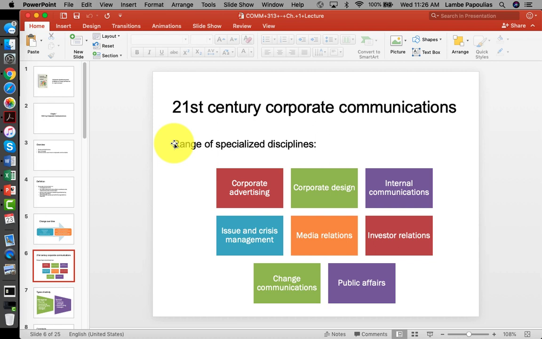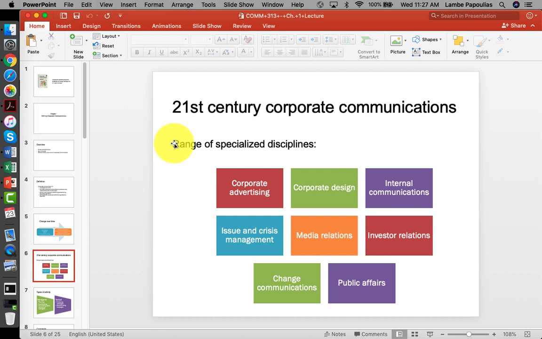So these are the range of specialized disciplines. You have corporate advertising, corporate design, internal communications, issue and crisis management, media relations, investor relations, change communications, and public affairs. These are all specialized disciplines in corporate communications.